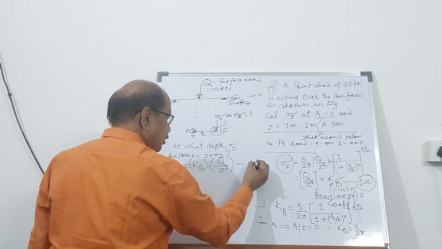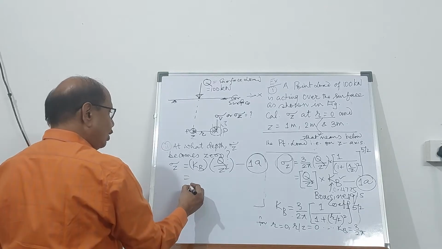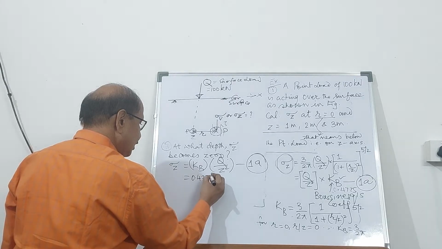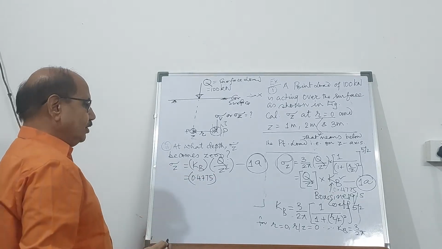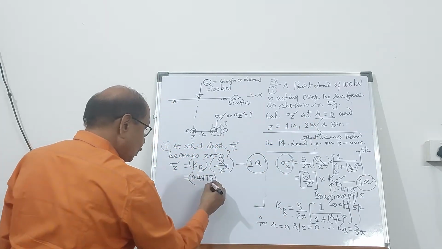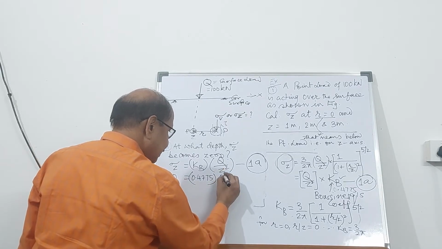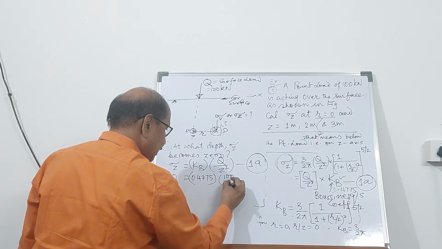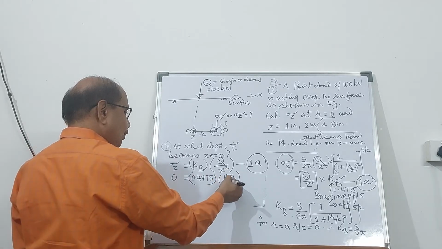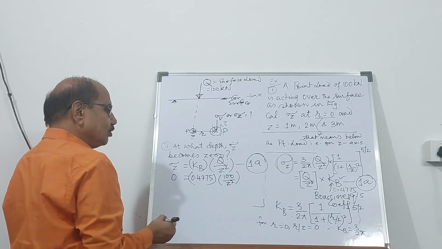This is expression 1A. And Kb for r equal to 0 is 0.4775, no change for r equal to 0. This is 100 surface load divided by z square. So practically you will have to find out at what depth this becomes equal to 0.